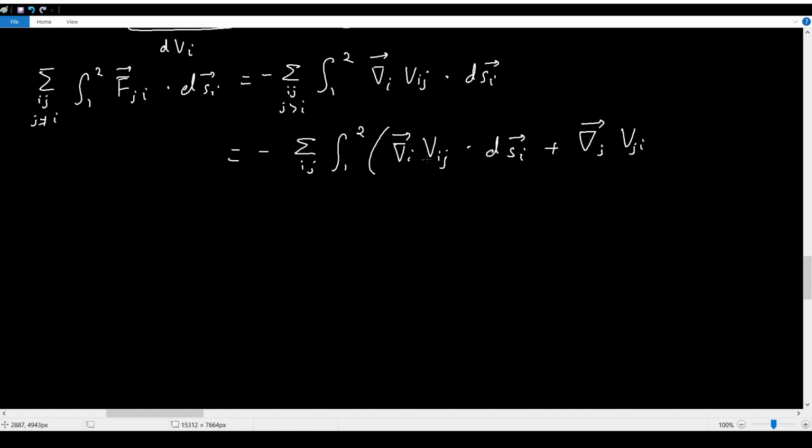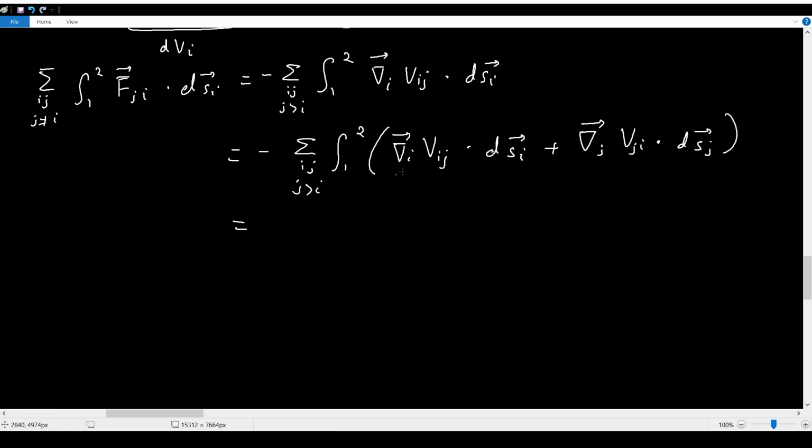But of course, the indices over the other quantities change as well, right? Because there's a sum over i and j. Now j has to be greater than i. We make the same thing we did before.